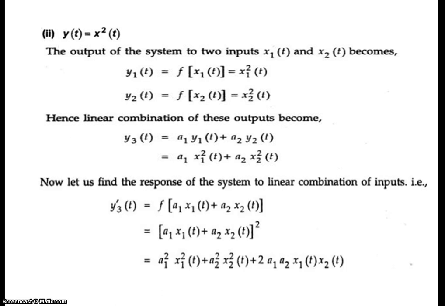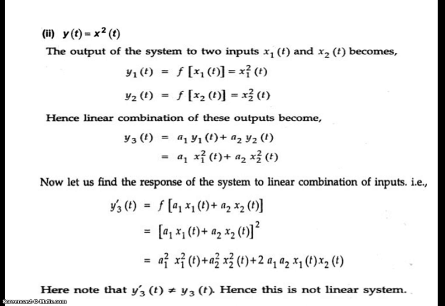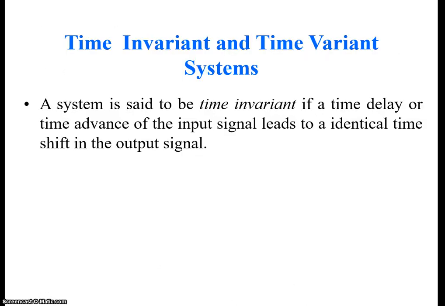Similarly, the linear combination of inputs results in a1 x1 of t plus a2 x2 of t, whole square. If I expand that and compare y3 of t and y3 dash of t, they are not equal. So the above system is called a non-linear system.